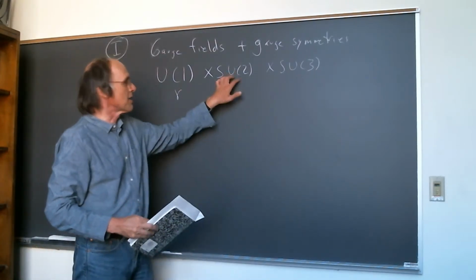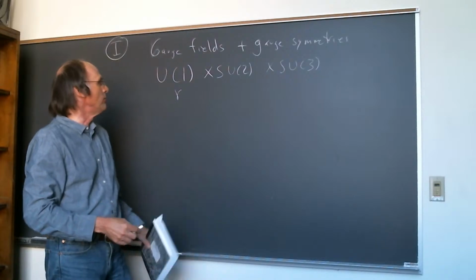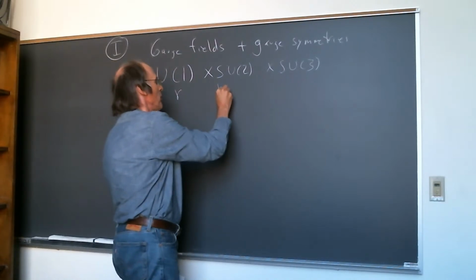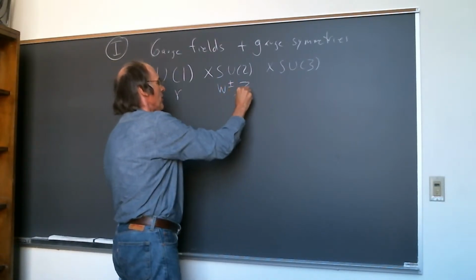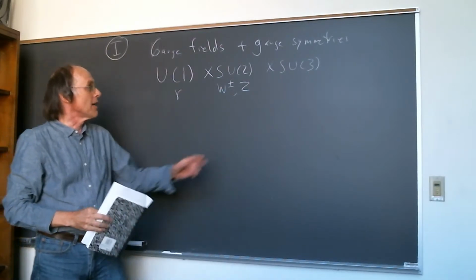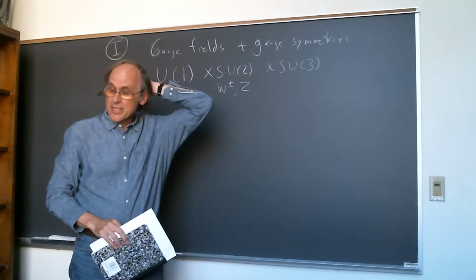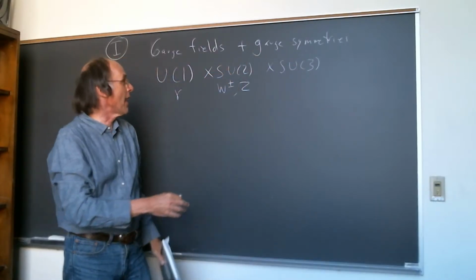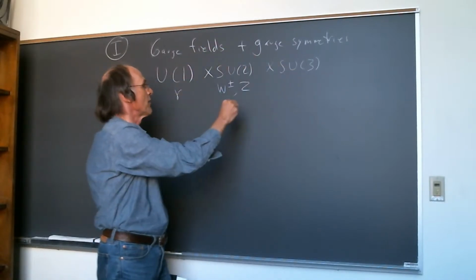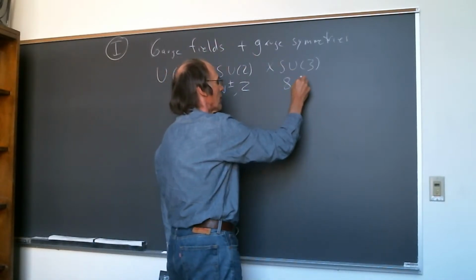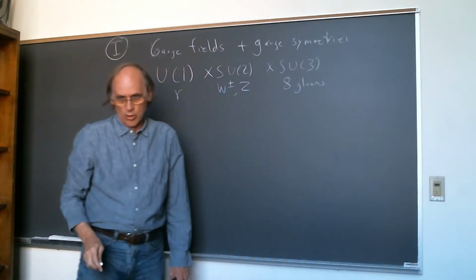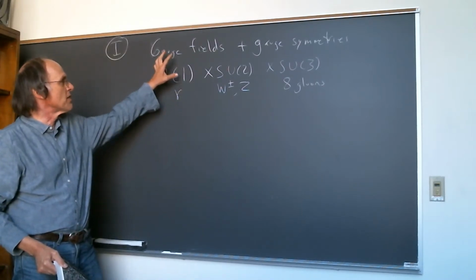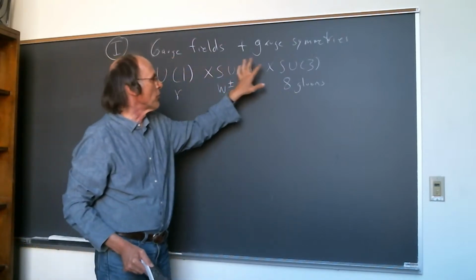Here the Lie algebra is three-dimensional, and you have corresponding gauge fields and particles, called the W plus minus and the Z. And then for SU3, the group is 8-dimensional, and the Lie algebra is 8-dimensional, and so you're going to have eight corresponding gauge fields, and these are called gluons.